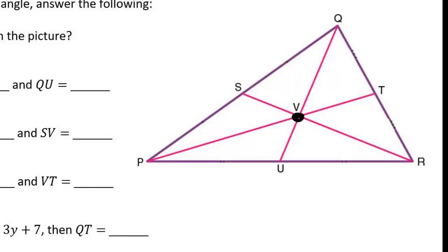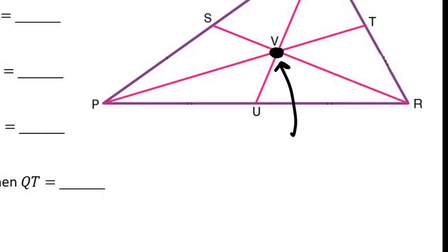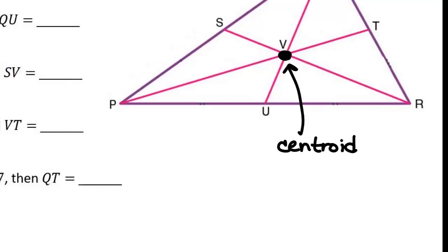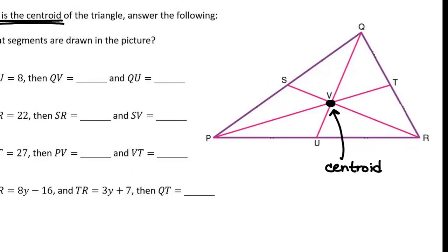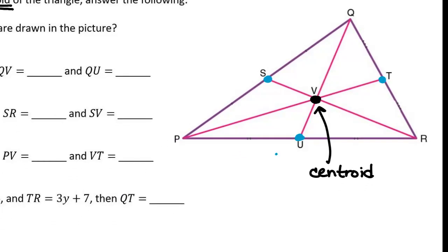We're going to mark V like this. We're going to label it as the centroid. If V is the centroid, then what are U, S, and T? Midpoints, yes.